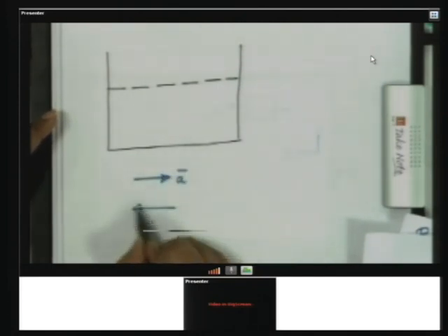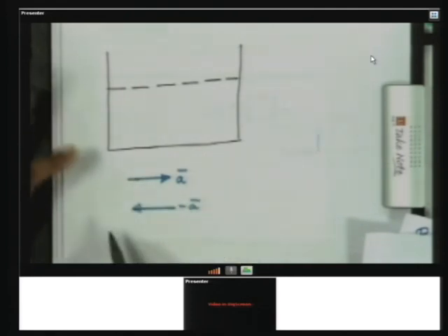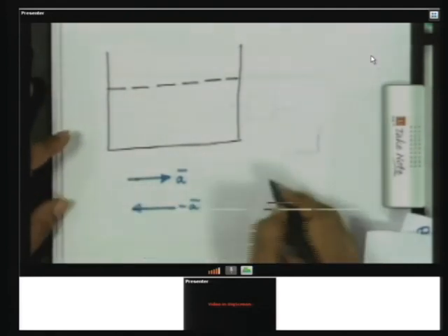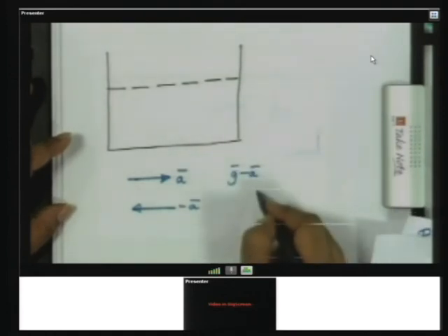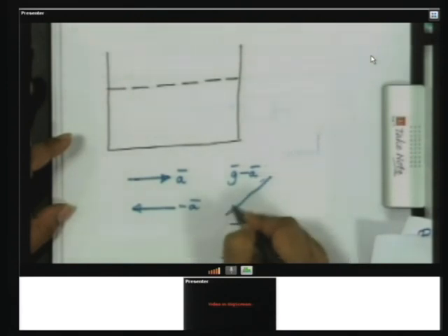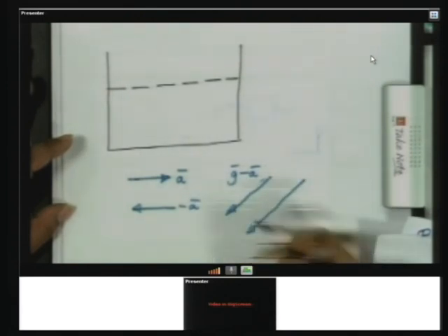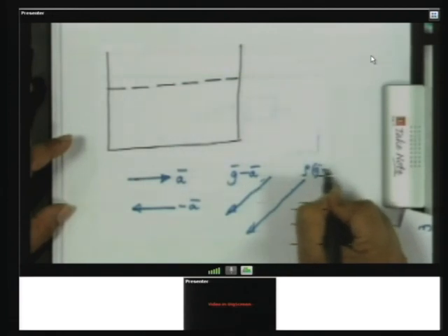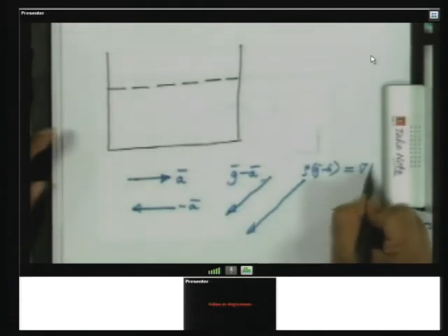Now, minus A is going to be in this direction, and as I said, minus A plus G is a vector which is going to be in this direction, and rho times G minus A is going to be in the same direction, and this is the same as grad p.